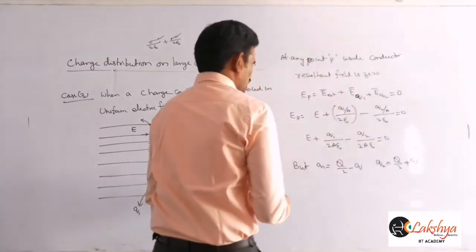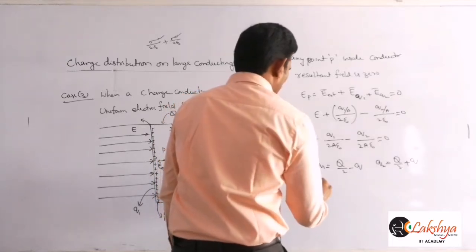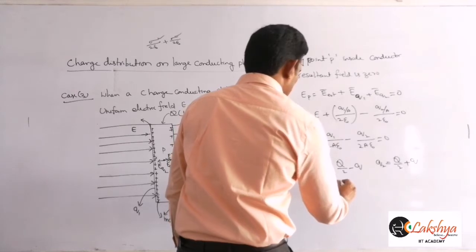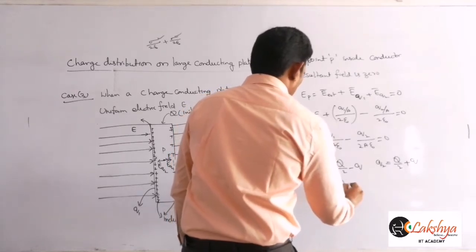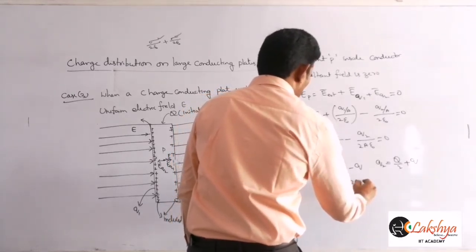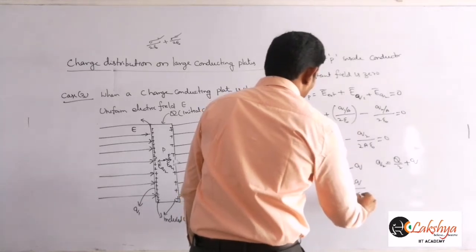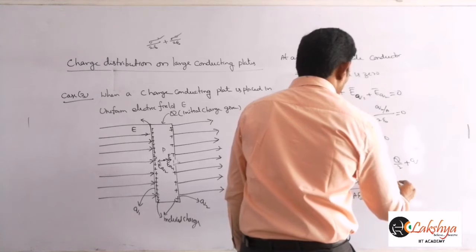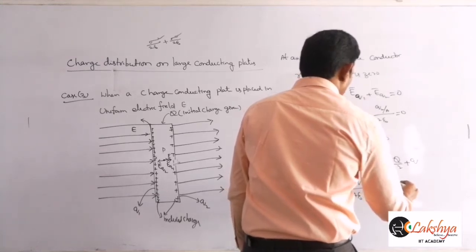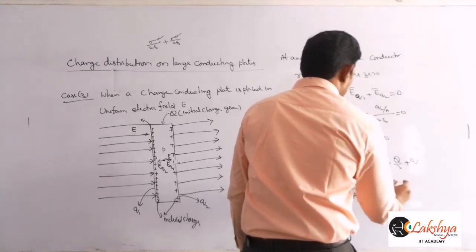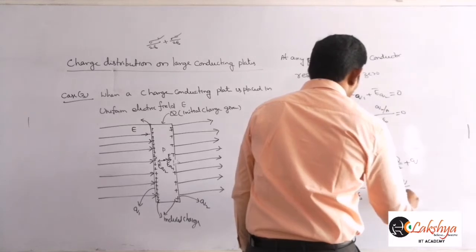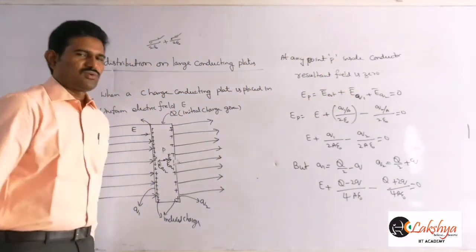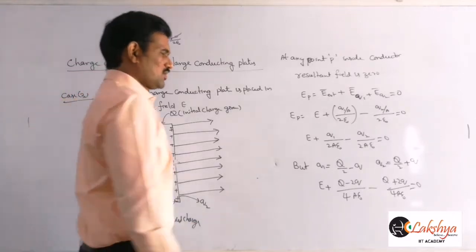So then you can substitute in that equation, therefore I can write this as E plus (Q minus 2q) by 4A epsilon naught minus (Q plus 2q) by 4A epsilon naught. So this value is equal to 0. Now we can simplify and find this Q and small q values.